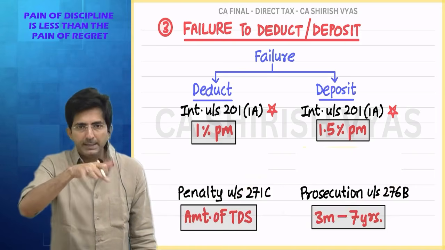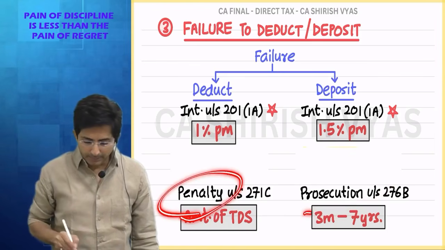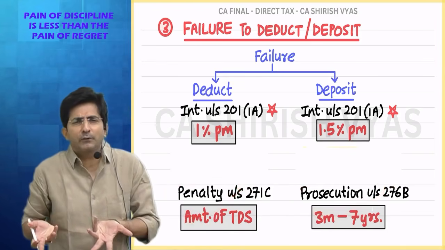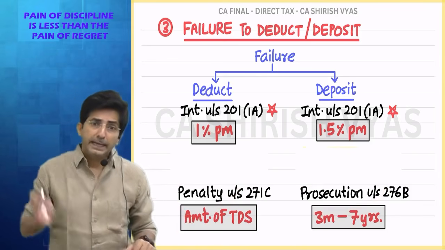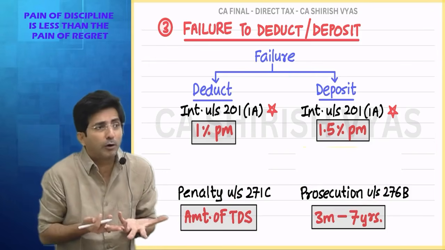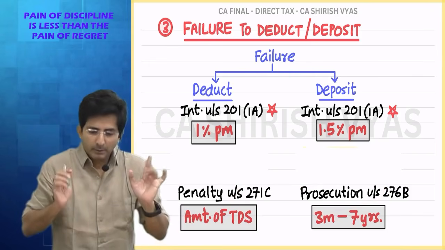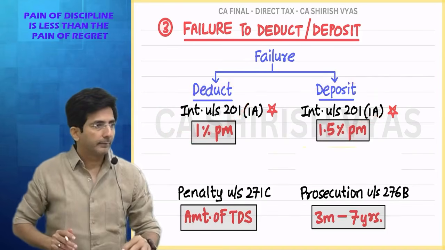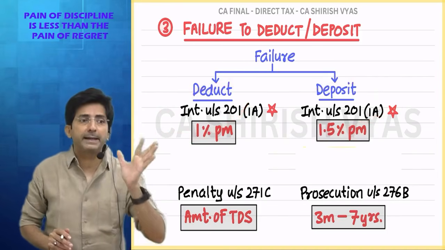But in general, what I am trying to say, penalty and prosecution may or may not be levied. It depends upon the assessing officer. He can let go also. And even if he levies, if you request him, if you show some genuine reason for your fault, they can waive also. But interest can never be waived. It is mandatory. The nature of interest is always mandatory.